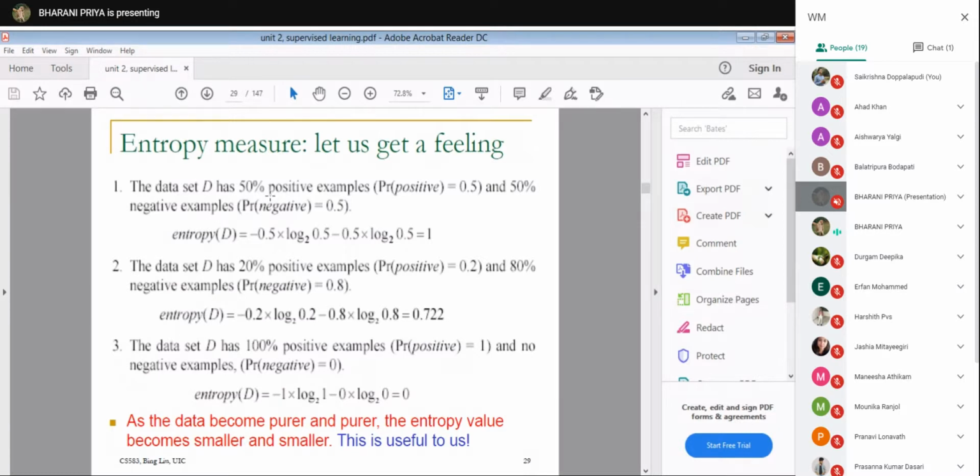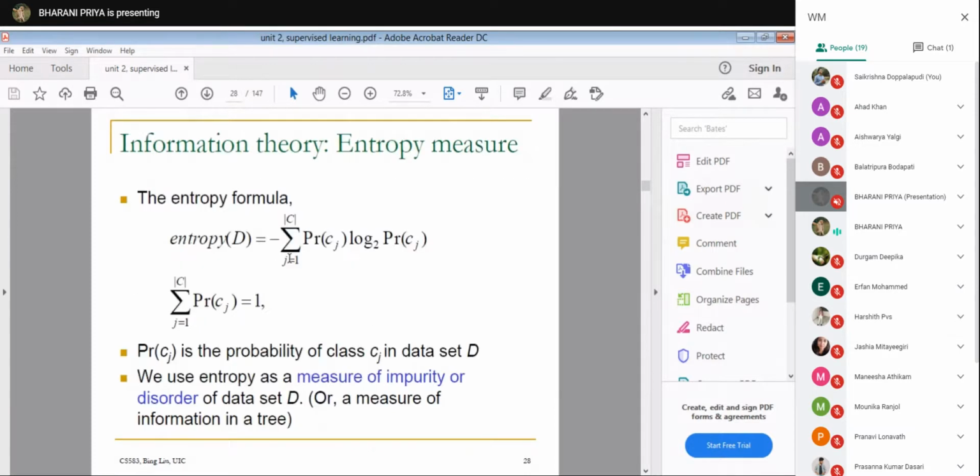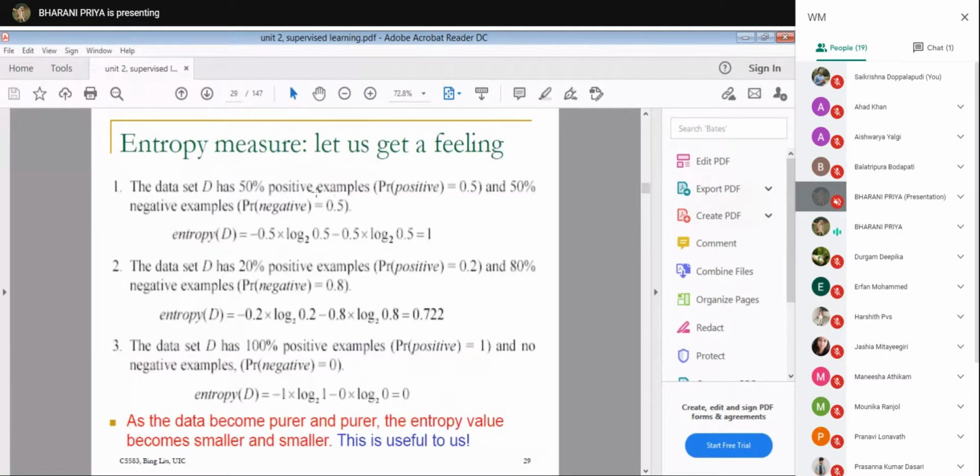The data set D has 50% positive examples and 50% negative examples. So when you calculate the entropy value according to this formula, using the probability of class values, you have two class values, positive and negative, and both are 0.5. When you calculate the entropy value, the value is 1.